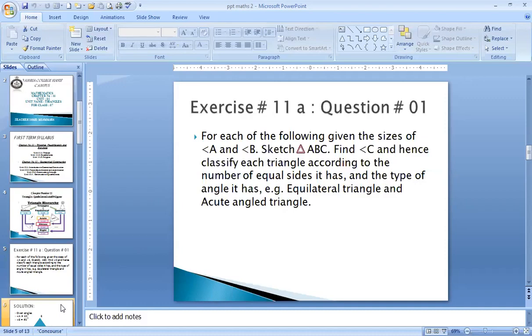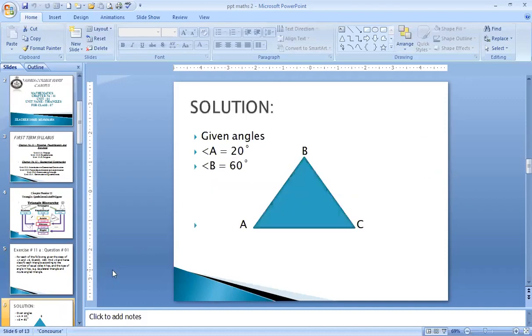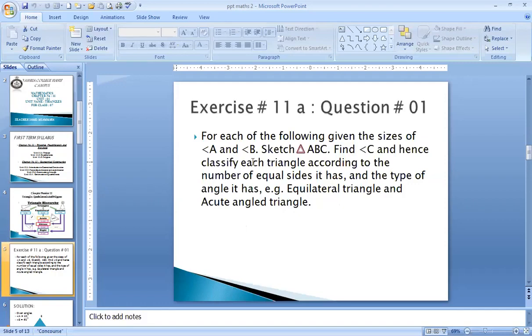Now let's see the solution. Given angles, in which angle A equals 20 degrees and angle B equals 60 degrees. The second requirement of the question is to sketch triangle ABC.